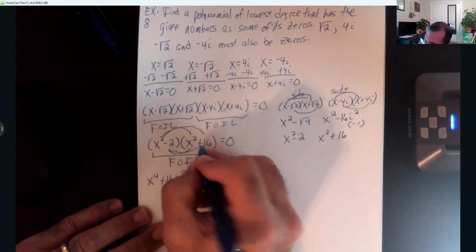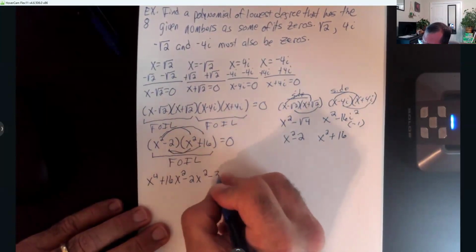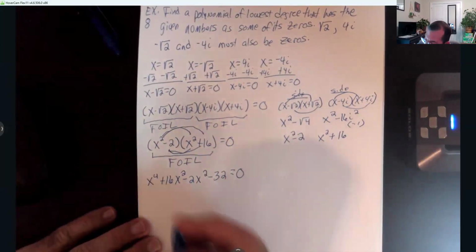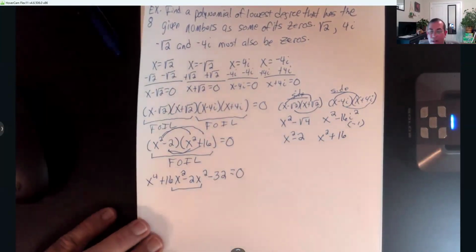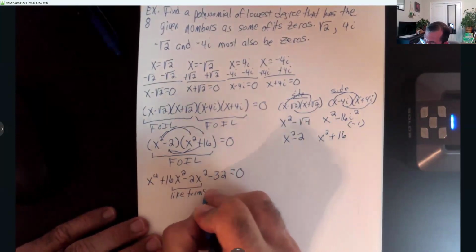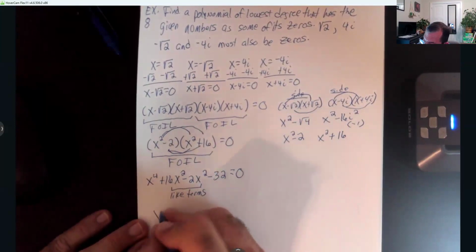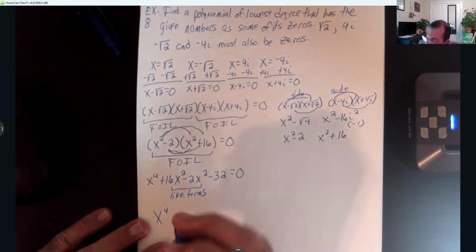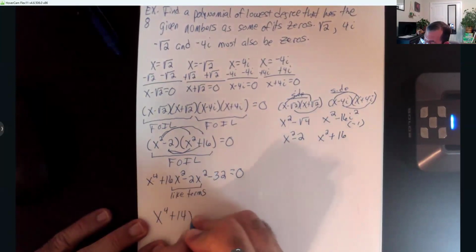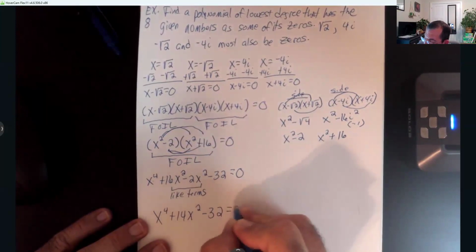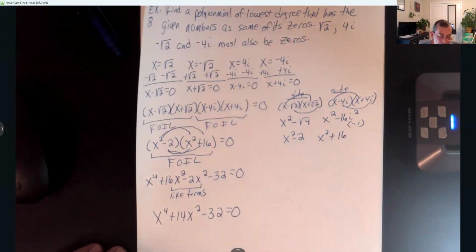And then negative 2 times 16 is a negative 32. Oh, look, y'all, this one does have like terms. So bring down your x to the 4th. 16 and negative 2 give me 14x squared. And then at the end is my minus 32.